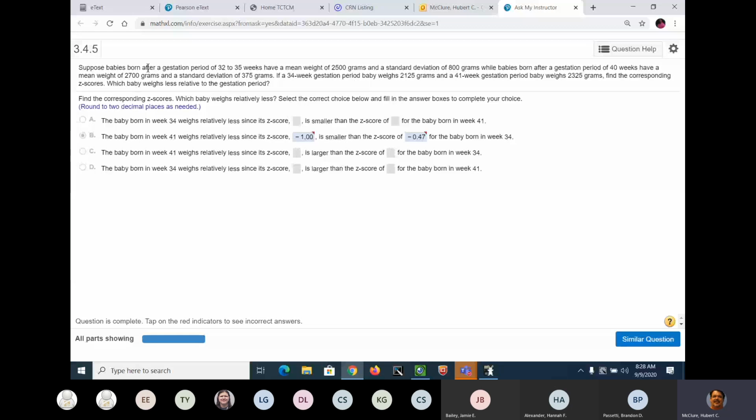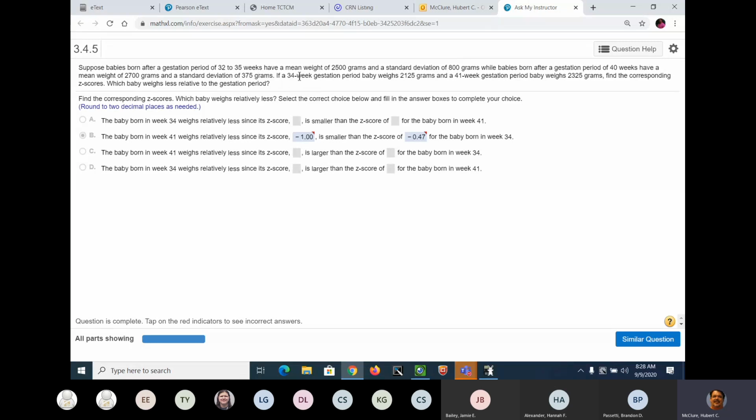Suppose babies born after a gestation period of 32 to 35 weeks have a mean of 2,500 and a standard deviation of 800. Okay, so they're telling you to draw a curve there. While babies born after a gestation period of 40 weeks have a mean weight of 2,700 and a standard deviation of 375.